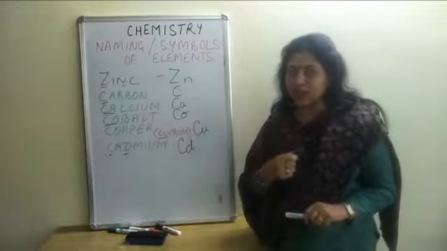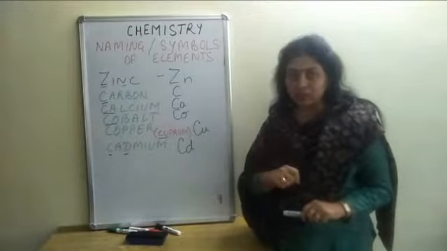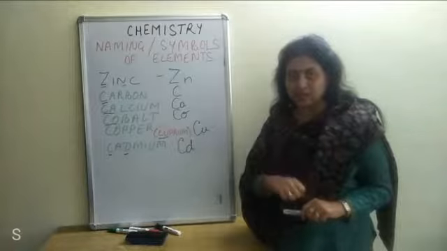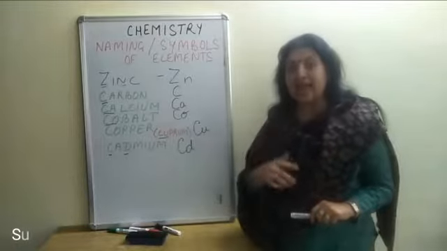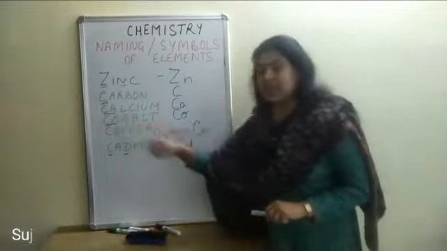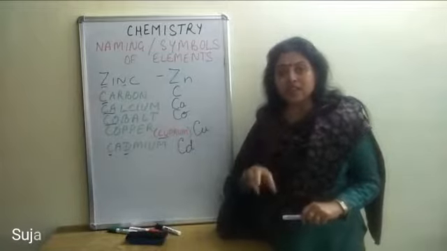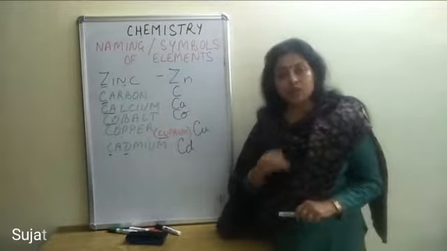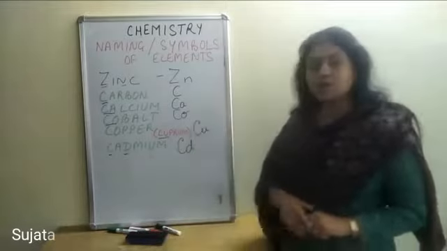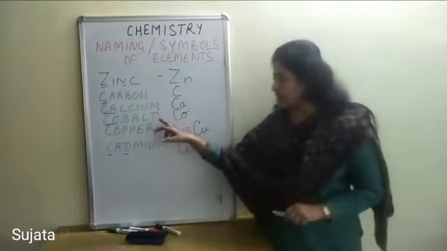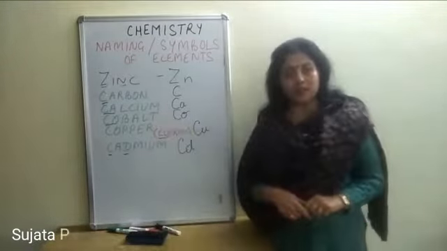What do you emphasize on? Calcium. Calcium. So, C and A is the letter which you are emphasizing on when you pronounce the word. So, it becomes Ca.